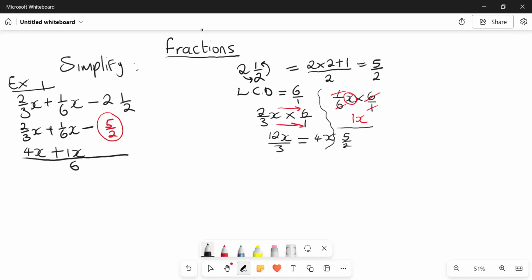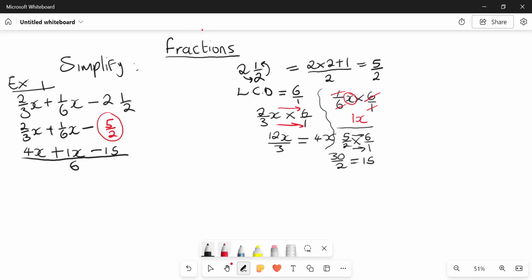Again, numerator multiplied by numerator, denominator multiplied by denominator, and then we get 30 over 2, which equals 15, right? Then I need to just plug in my information there. And from there, guys, that's where it gets interesting. You now start collecting your like terms. You can see x and x, they go together, right?